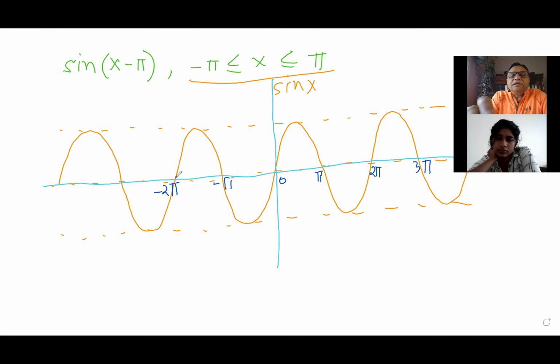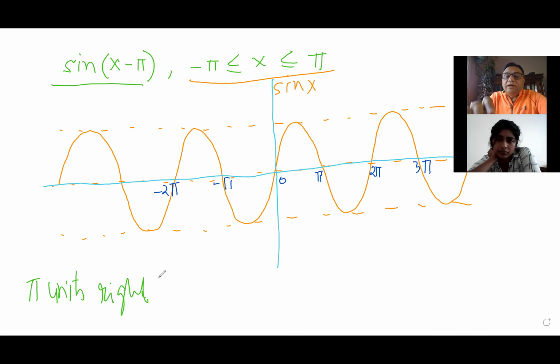Now, since you will prefer to go with my strategy of sketching sine of x minus pi as a transformed graph, which is pi units right? Yeah. So we'll just sketch one wave. We are moving this point 1 unit right, so it goes there, correct? This point 1 unit right, this goes there, 1 unit right, and so 1 unit right.